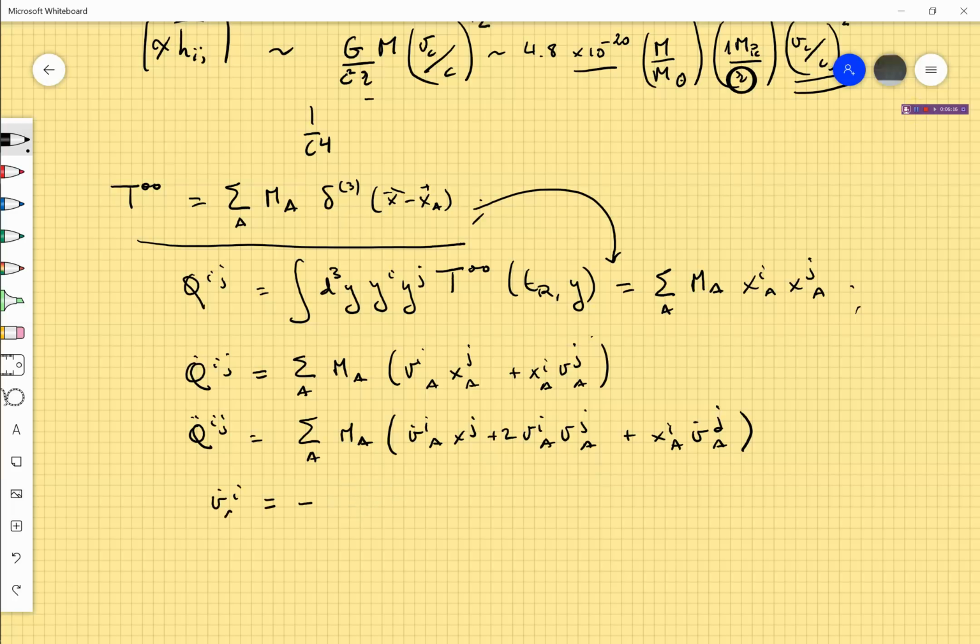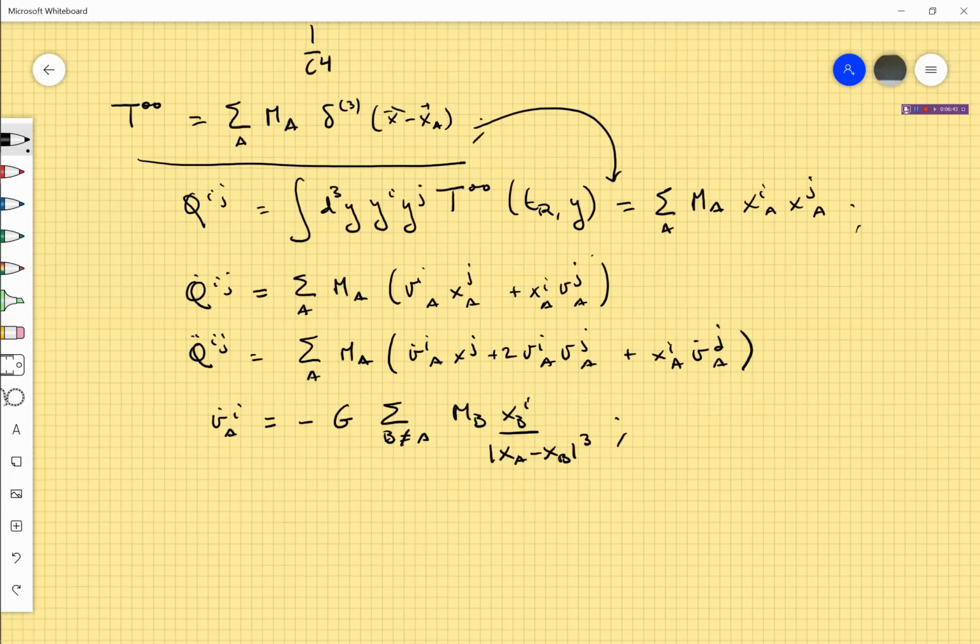If we are talking about the particle A, which is interacting with the rest, there is the coupling constant G, then I have to sum over all the masses which are different from that one, and then the distance between xA and xB cubed.